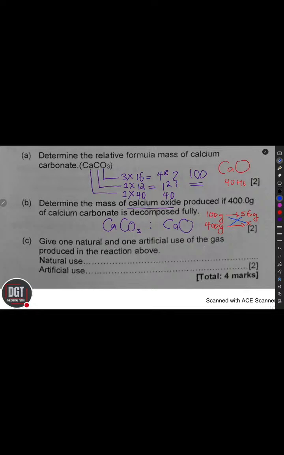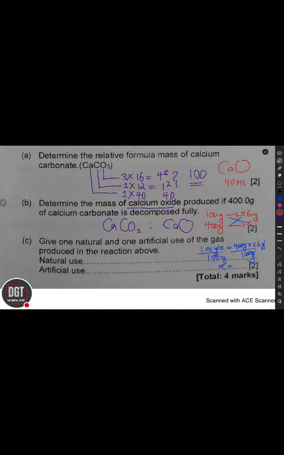So you're going to have 100 gram X equal to 400 gram multiplied by 56 gram. So divide both sides by 100 gram. This one goes, and you remain with X. Now here gram and gram go, 0, 0 goes, so you're remaining with 4 multiply 56.